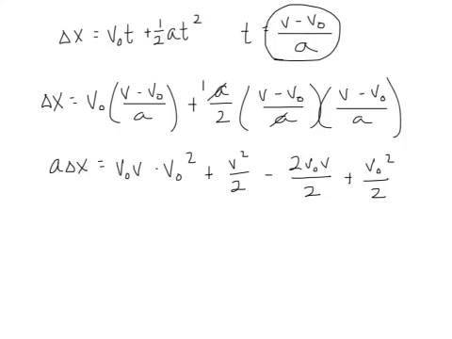So I can go ahead and cancel out these 2's, and then I've got a v naught v minus v naught v, and I can get rid of both of those.